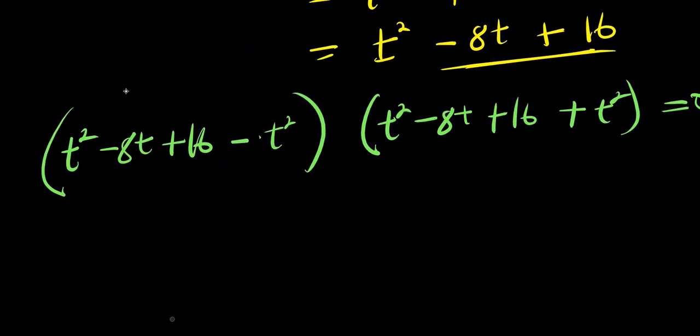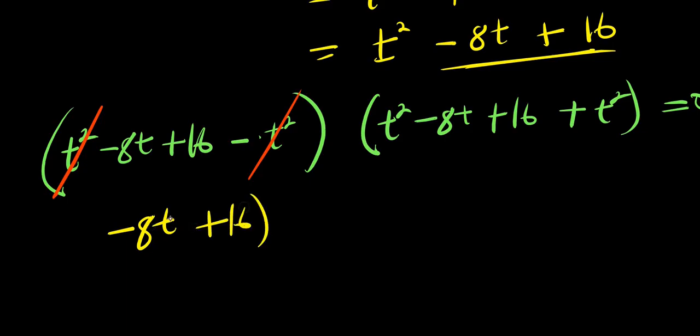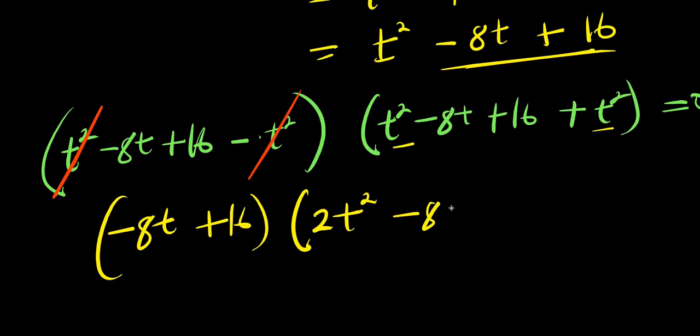So if you observe very well, this will eliminate this. So what we are going to have will simply be negative 8t plus 16 times, for this, t squared will add t squared, that is 2t squared. Then we have minus 8t plus 16, and this equals 0.